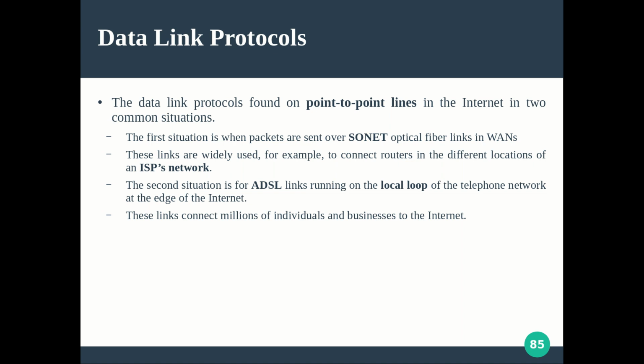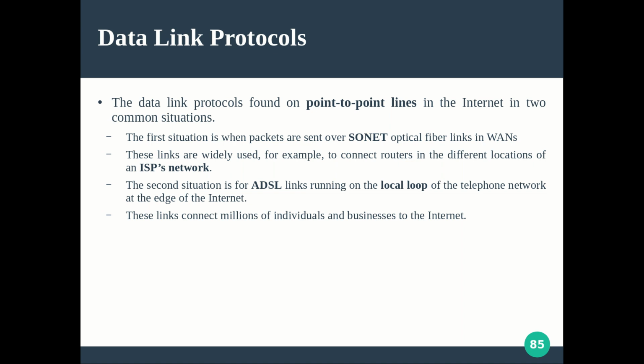Whatever it is, there we normally use this SONET kind of backbone network, because it will be connecting a number of such subscribers to the internet. So it has to be with high throughput and more efficient.